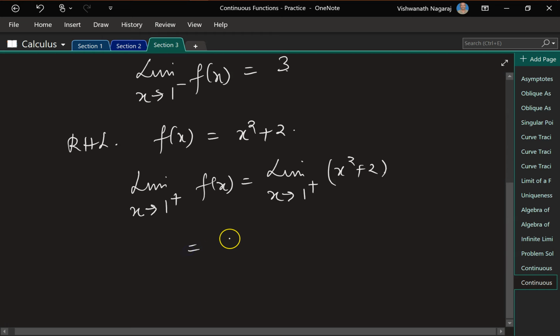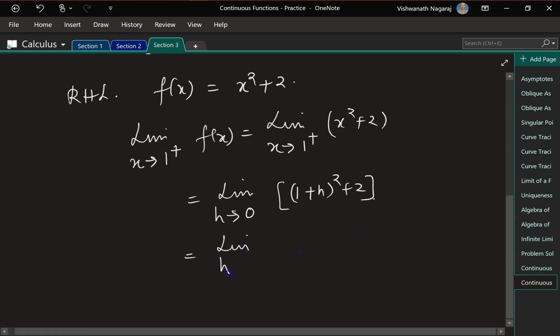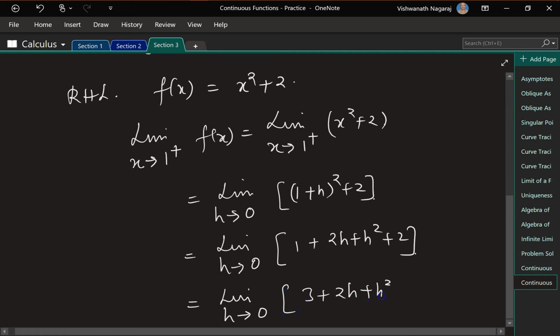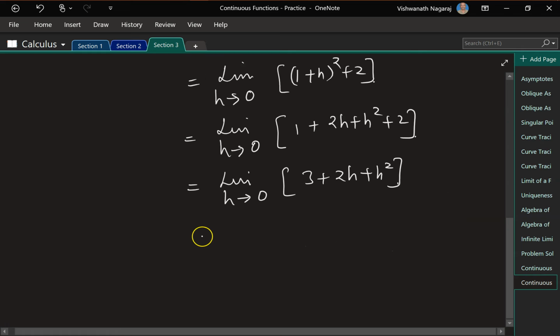This can be written as limit as h approaches 0 of 1 plus h square plus 2, which is limit as h approaches 0 of 1 plus 2h plus h square plus 2, equal to limit as h approaches 0 of 3 plus 2h plus h square. Now let's take the limit. So basically we make h equal to 0. Then we are left with 3.